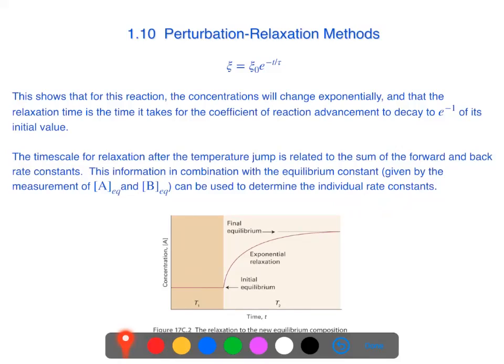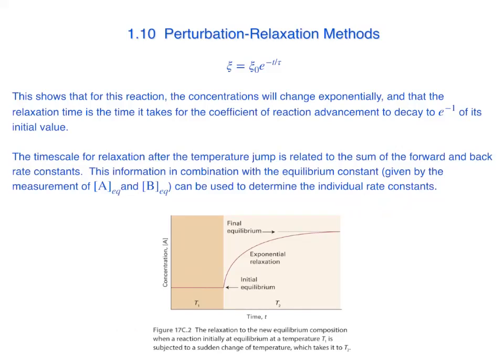And so what I have here is a couple diagrams representing the temperature jump or perturbation relaxation method. In this example, we see that we start at some temperature T1, where we have a particular concentration of A. And then after the temperature jump has been induced, so after the laser pulse comes in and warms up the sample, or after the electrical discharge, we're going to see that we've now disrupted that equilibrium.